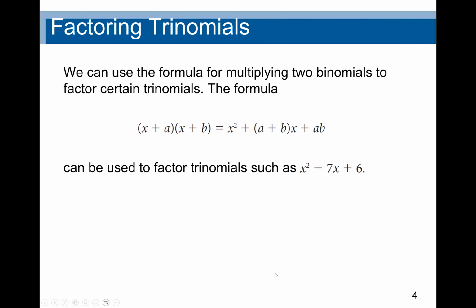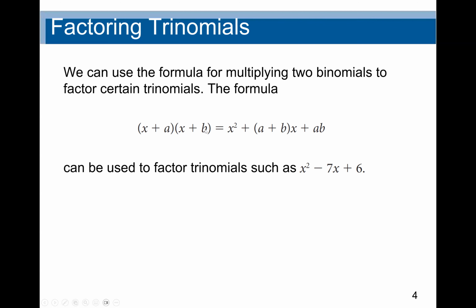Now we can use the formula for multiplying two binomials also to factor certain trinomials. So this is the formula. If I have x plus a times x plus b, x times x gives us x squared. x times b gives me xb, and also a times x gives me xa.